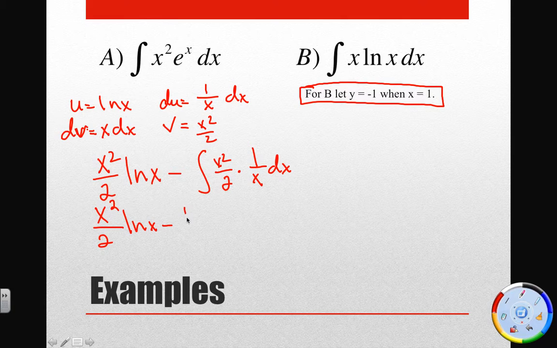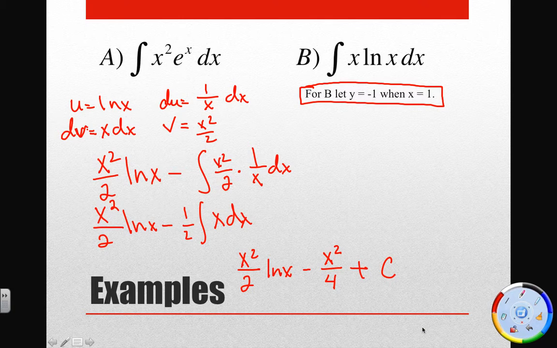So I'm going to bring out this 1/2, and x squared over x just becomes x. Well, that's so easy. So I get x squared over 2 times the natural log of x minus, well, x, the antiderivative of x is x squared over 2, so I get x squared over 2 times 2, because that 2 is in the denominator there, plus c.